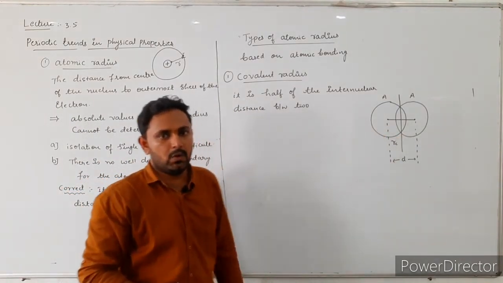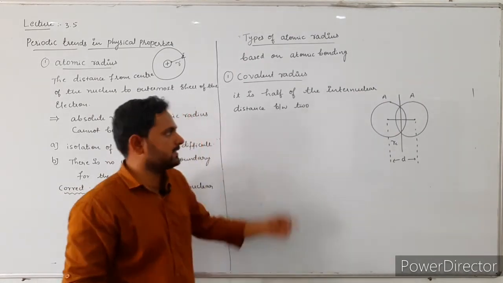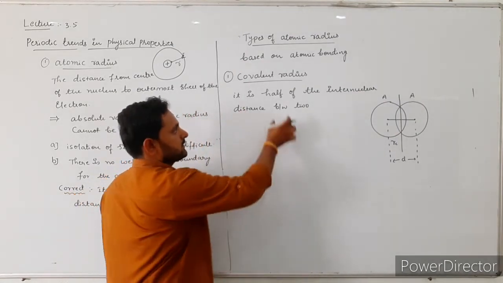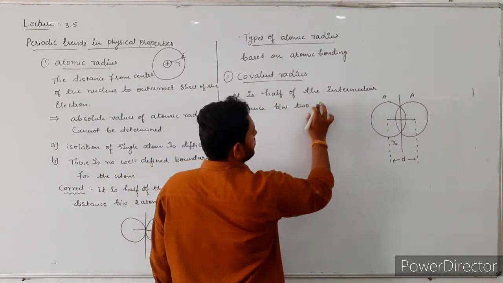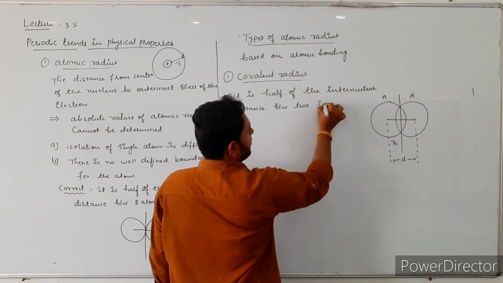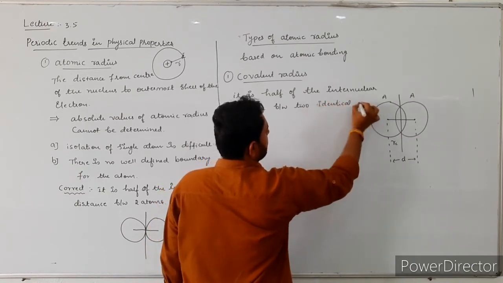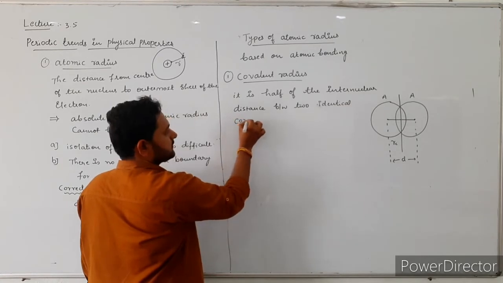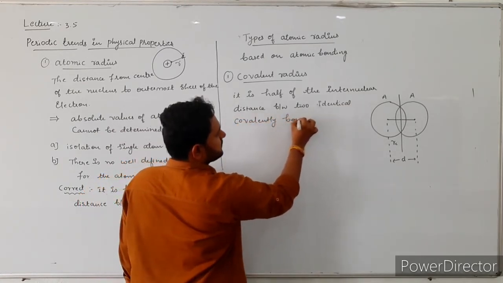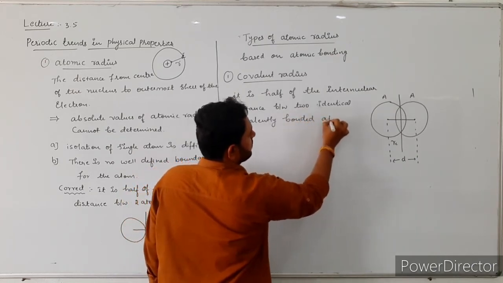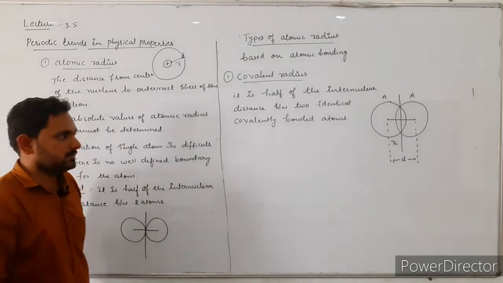When two atoms are covalently bonded, half of the internuclear distance is called covalent radius. Identical means same atoms, identical covalently bonded atoms.